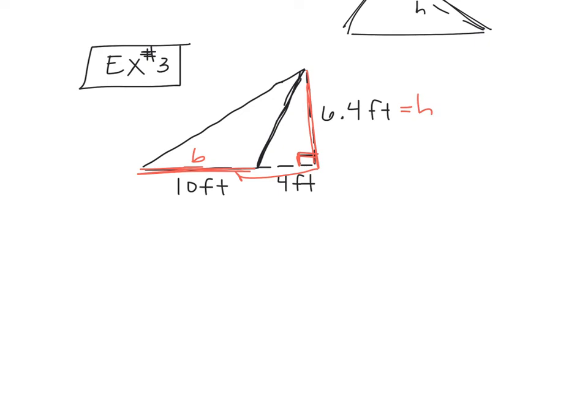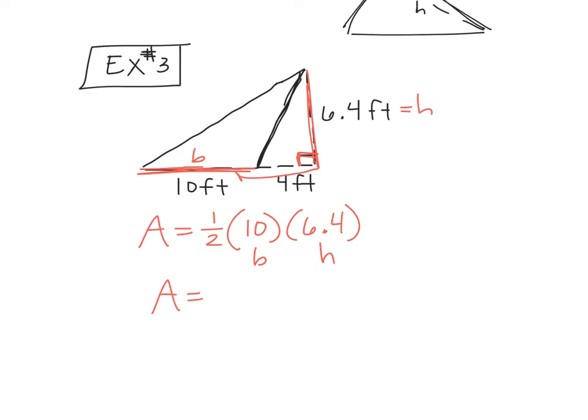So you would do the area equals 1/2 times the base, which is 10, this is B, times the height, which is 6.4. That's my H. So 1/2 base times height, you get an area of what?